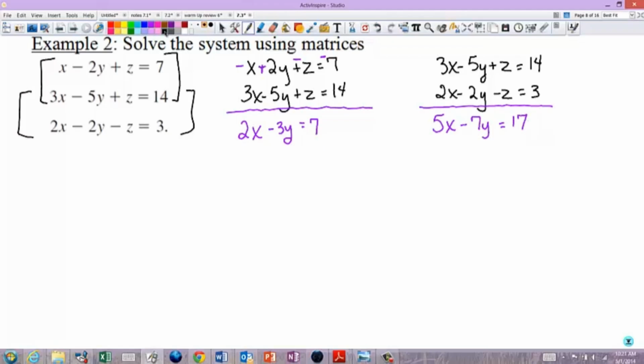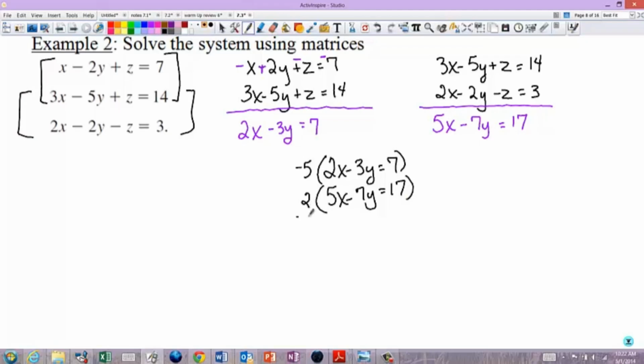Now I have 2 equations, 2 unknowns, so I group those 2 equations together. And I solve for x and y. I don't see anything nice and neat I can do, so I need to multiply both equations. Maybe this one by negative 5 and this one by 2.